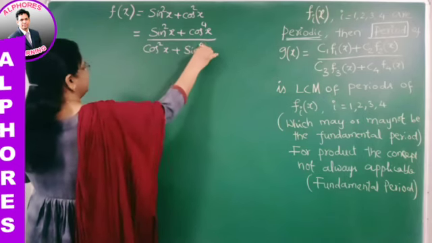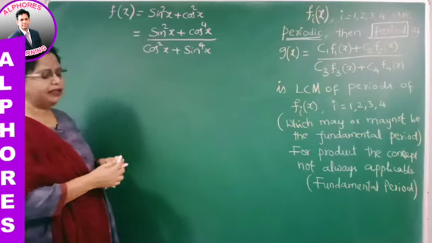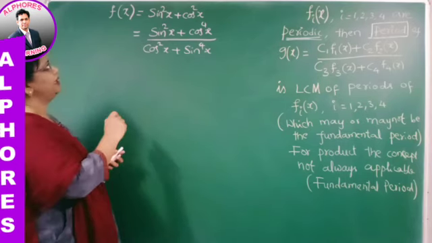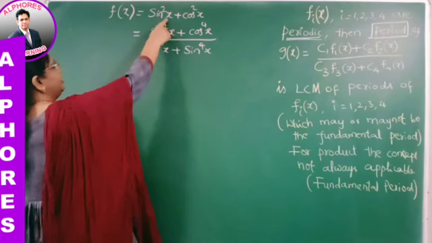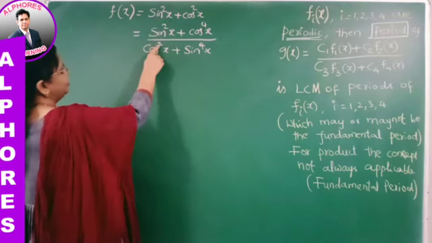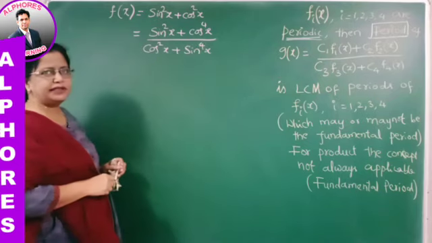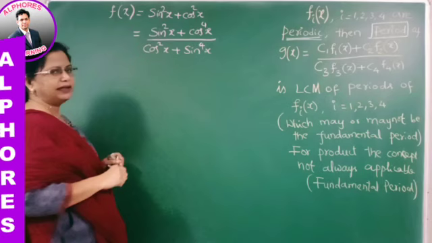Whenever you observe these types of functions, the domain is all the real numbers. For all real numbers these values exist. Even though it is in the denominator, 2 is there, 4 is there, even powers, and a plus symbol is there, therefore the denominator is never equal to 0.